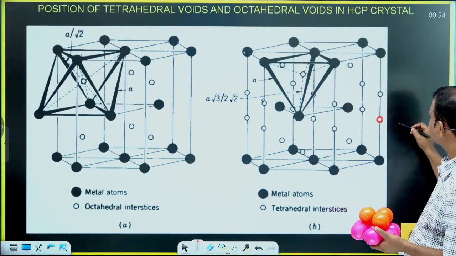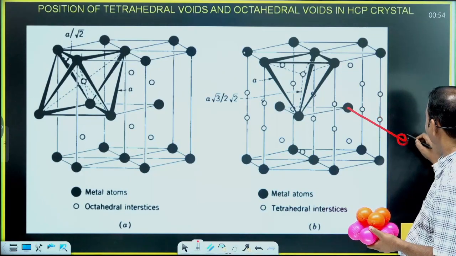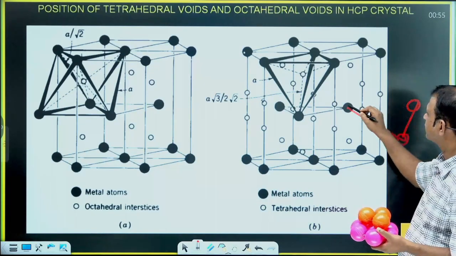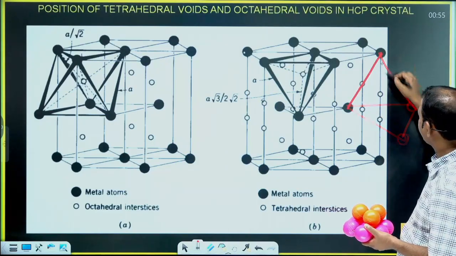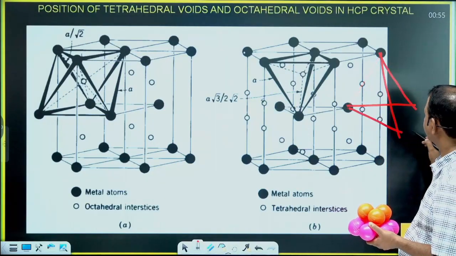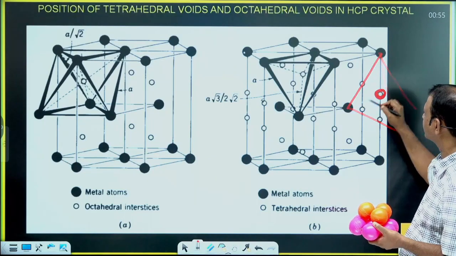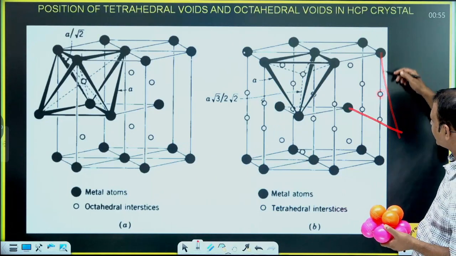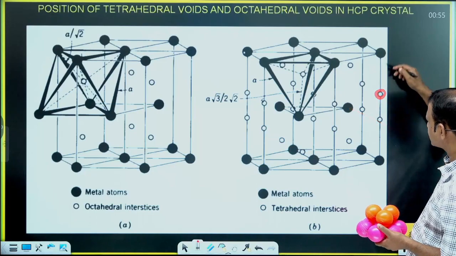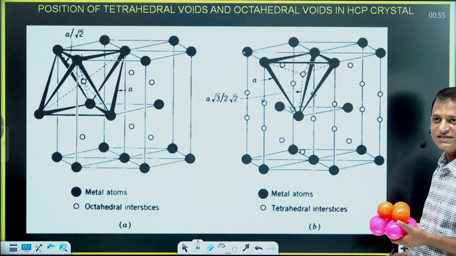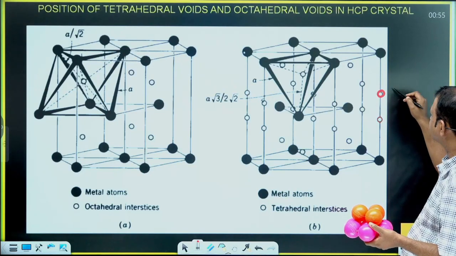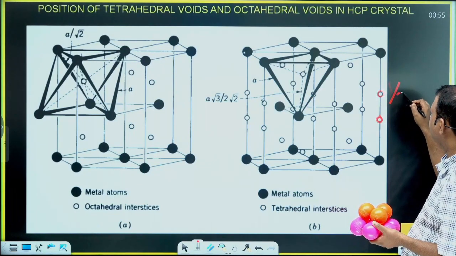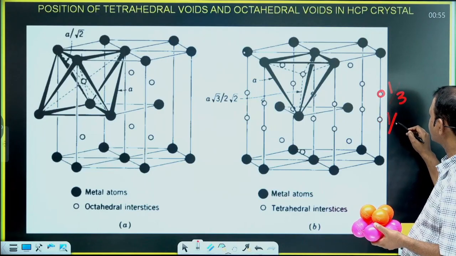Same way I can form another regular tetrahedron. This is an equilateral triangle and this is the vertex. If I combine, there is a formation of a regular tetrahedron and the center of that regular tetrahedron will be this. So we can say that on each vertical edge, which we call C in SCP, there are two tetrahedral voids and these are shared between three hexagonal prisms. So their contribution is 1/3.